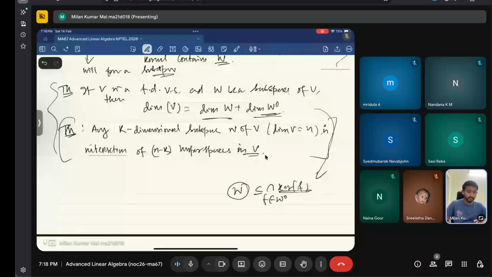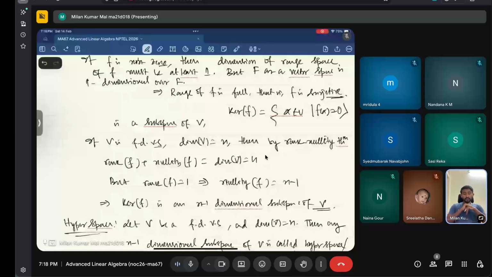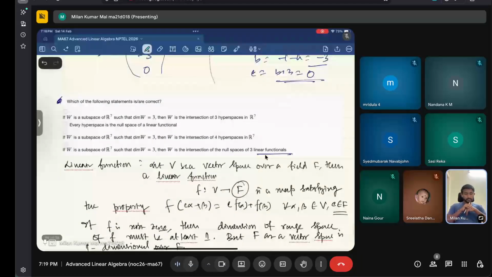The problem is not very easy from those two statements. So what does the problem say? Let's get back to the problem. Which of the following statements is or are correct? If W is a subspace of R7, so V equals R7, the dimension of V is 7.